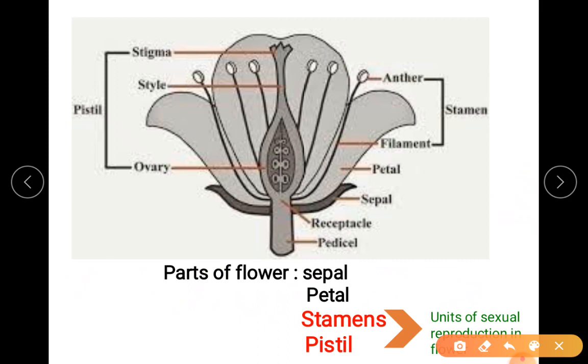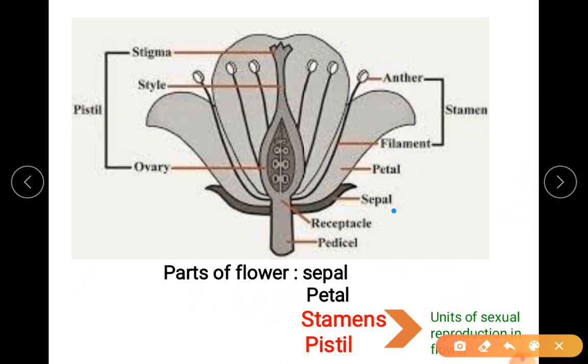Dealing with the structure of flower, this is the LS of flower, can be asked for 2 marks. Draw a neat labelled diagram of LS of flower. LS is longitudinal section. So you all know about the 4 whorls of the flower.